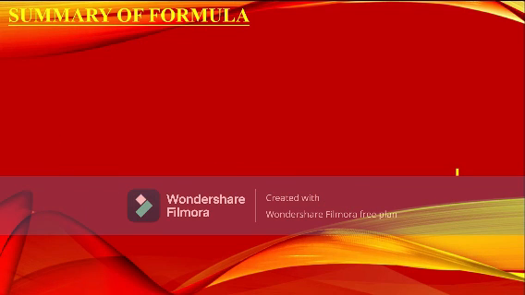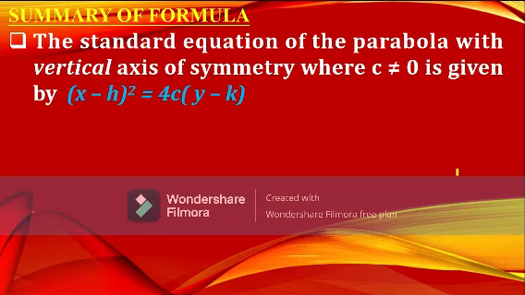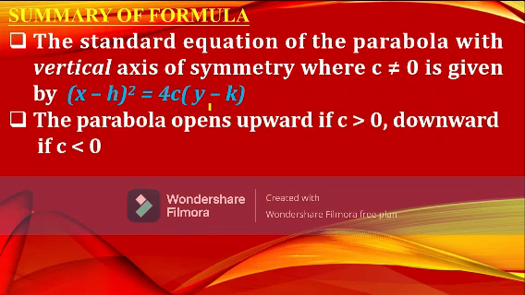Okay. Summary of formula. The standard equation of the parabola with vertical axis of symmetry where c is not equal to 0 is given by (x - h)² = 4c(y - k). And the parabola opens upward if c is greater than 0 and downward if c is less than 0.